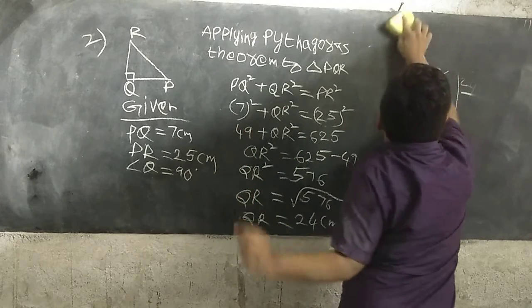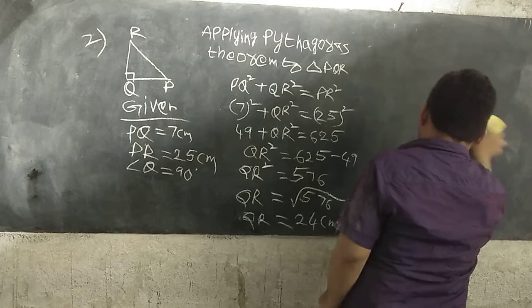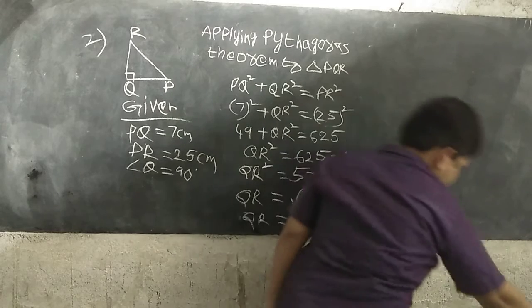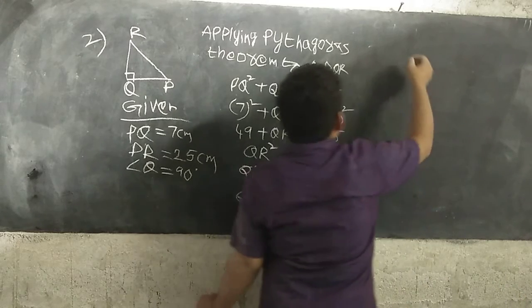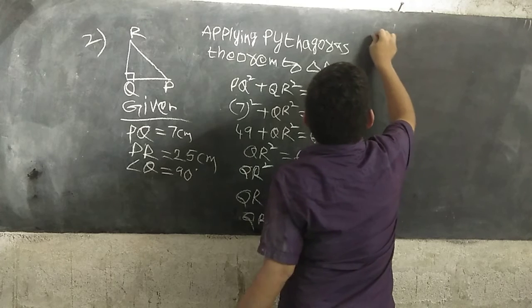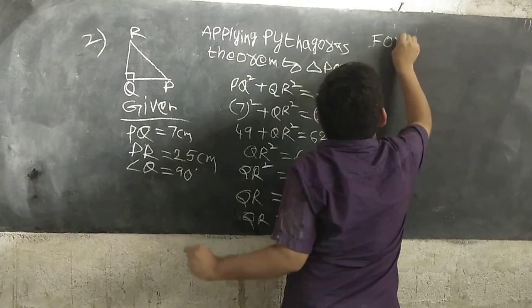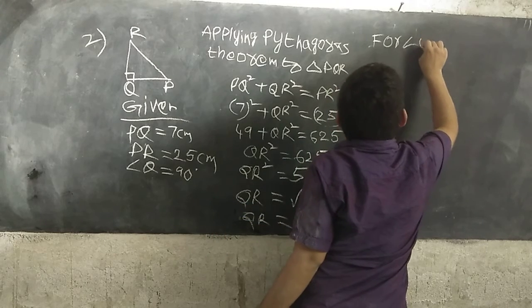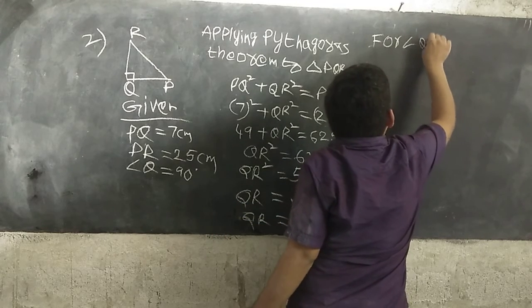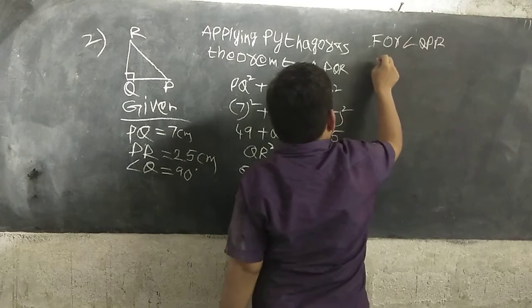Now, you have to find what is tan P and tan R. Now, for angle QPR, adjacent side equal to what?